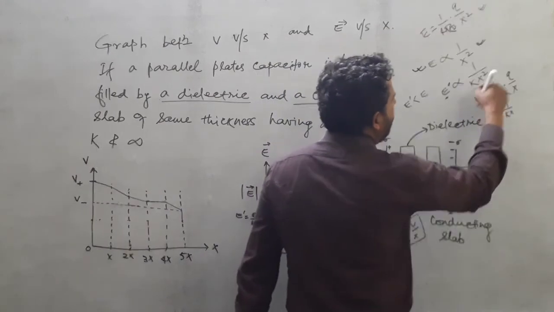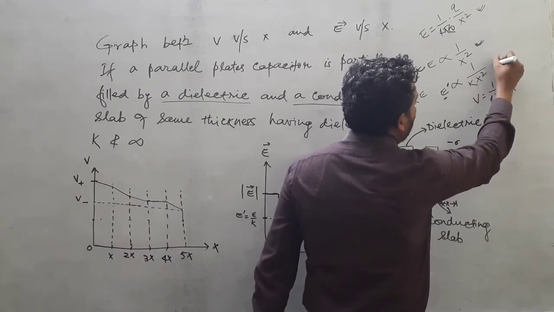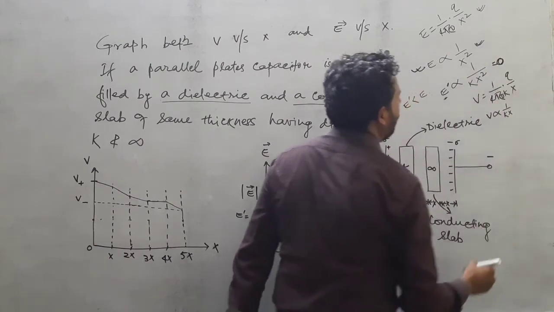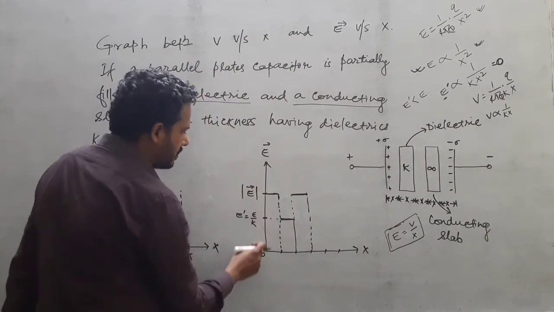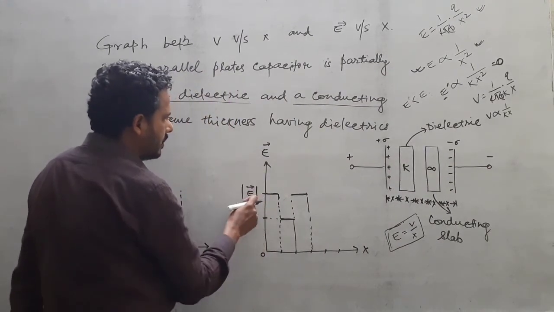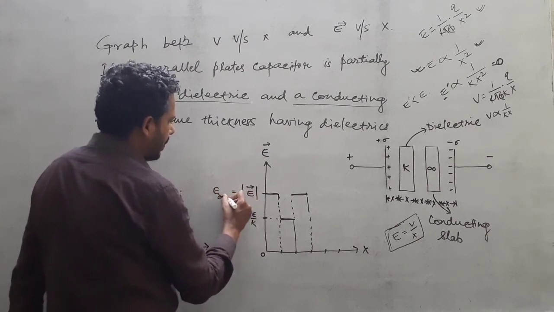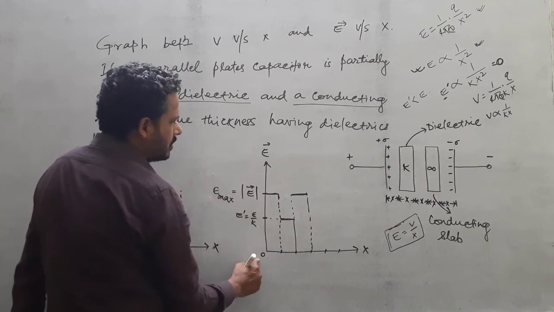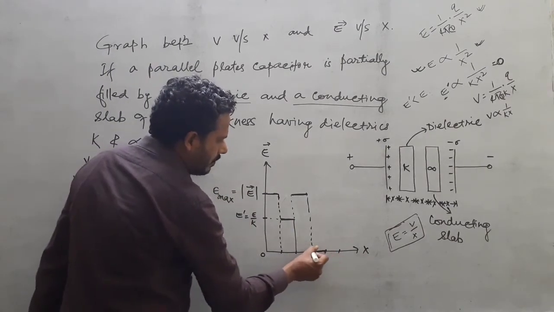So you will get 1 by infinite, that is 0. So 0 will be there. That means there is 0 electric field. So you are seeing in this perpendicular line, here is E max, the maximum electric field, and this one is 0, that is minimum. So your field lines will be 0 here.